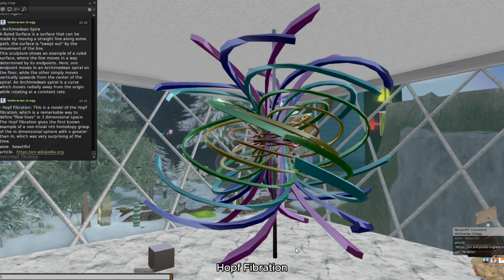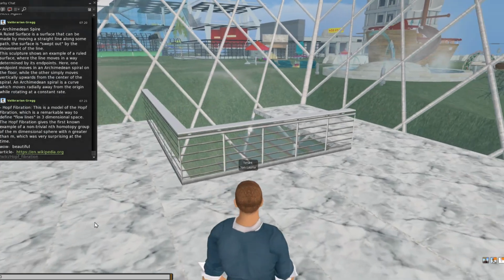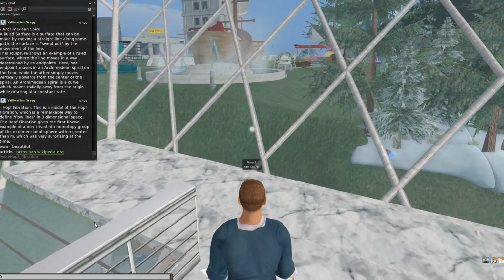So, very beautiful. I don't know if we can see this shape in nature, maybe a magnetic field or something, but I don't know. And go downstairs.